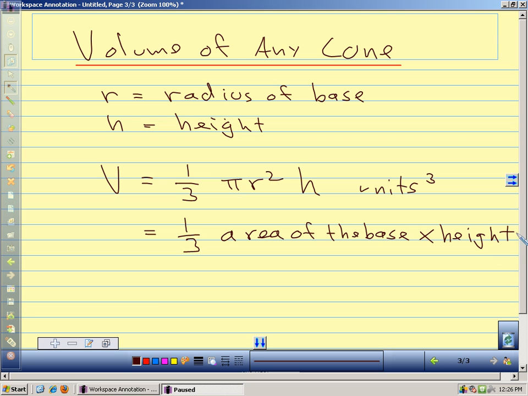So this is exactly the same formula that we use for pyramids. Just for cones, our base is a circle, so the area of the base is pi r squared, and we have our height. So it's still just 1/3 base times height. If we use capital B for our base area, we could write that as 1/3 B times H, where B is our base area.